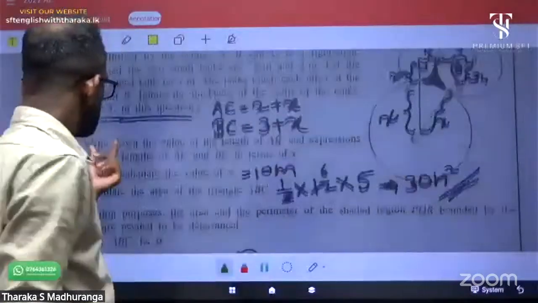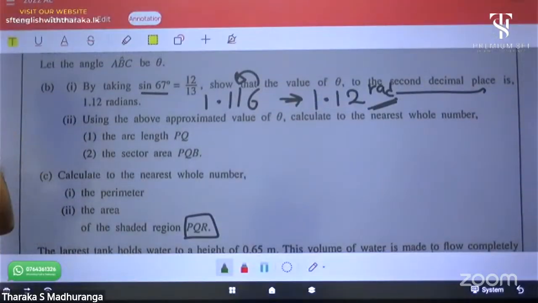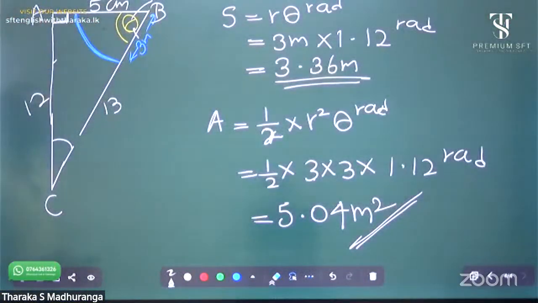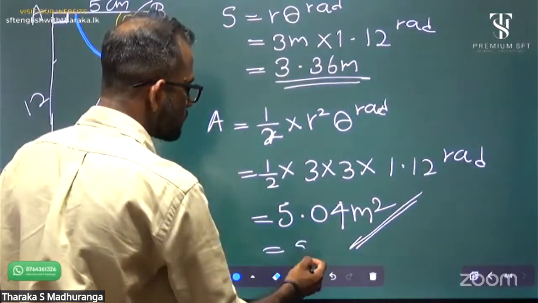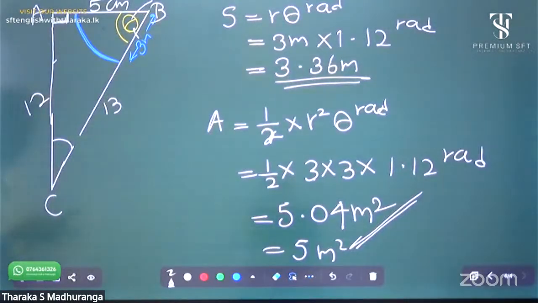But for 3.36, you can write 3. For the area, nearest whole number means 5 square meters.